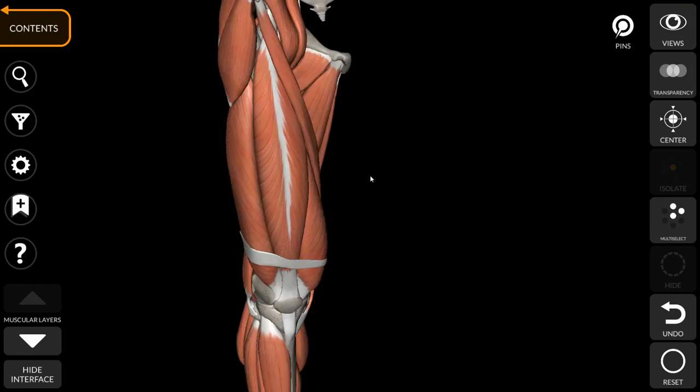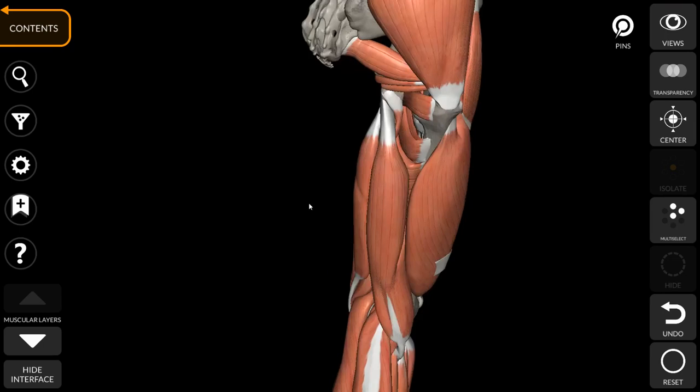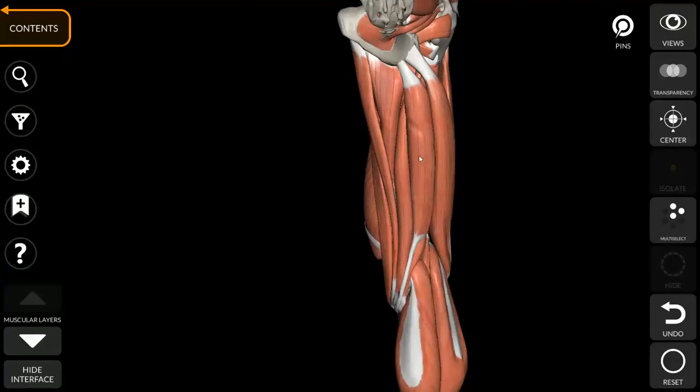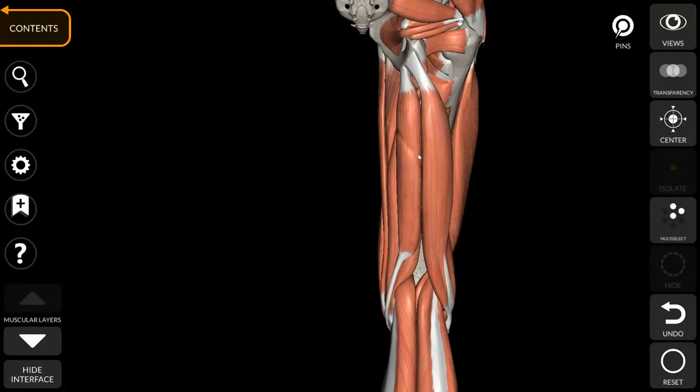Posteriorly you have this compartment, and every muscle belonging to it, collectively we call the hamstring. So when we talk about muscles that assist hip extension, we should explain the hamstring.